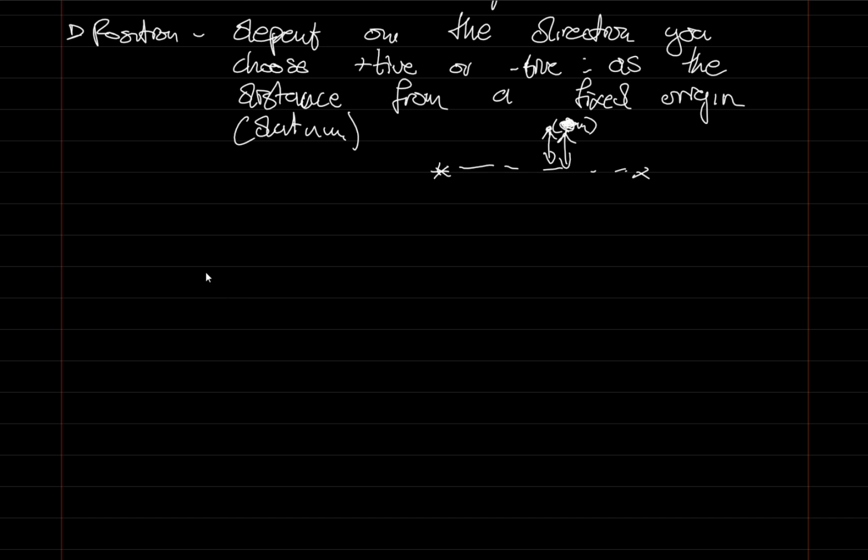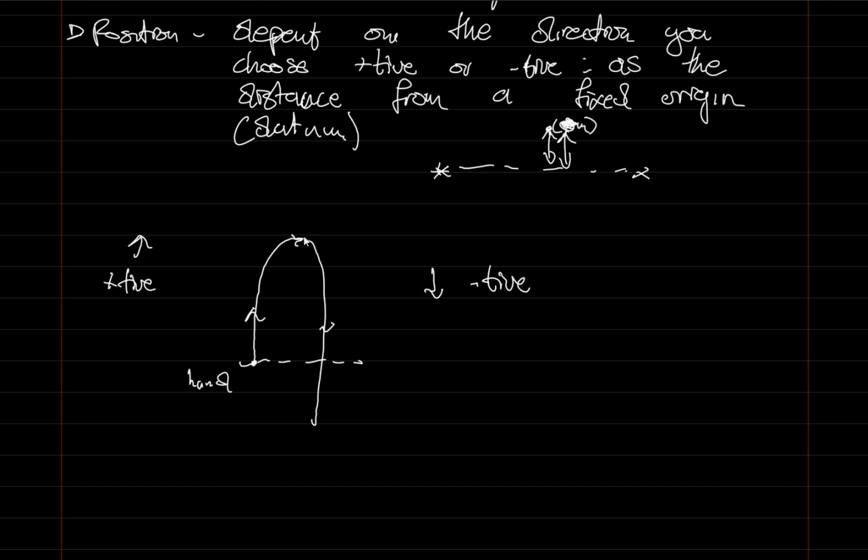Okay, now that we've got that out of the way, let's take a look at an example. Let's say you're throwing a ball here. You throw it upwards, it goes up and down in that kind of manner. Let's say this is your hand, and this is where you throw it from. This is the direction of how it moves. Let's take this side as positive, upwards, and then downwards would be negative. Here is the top, and there's the bottom.